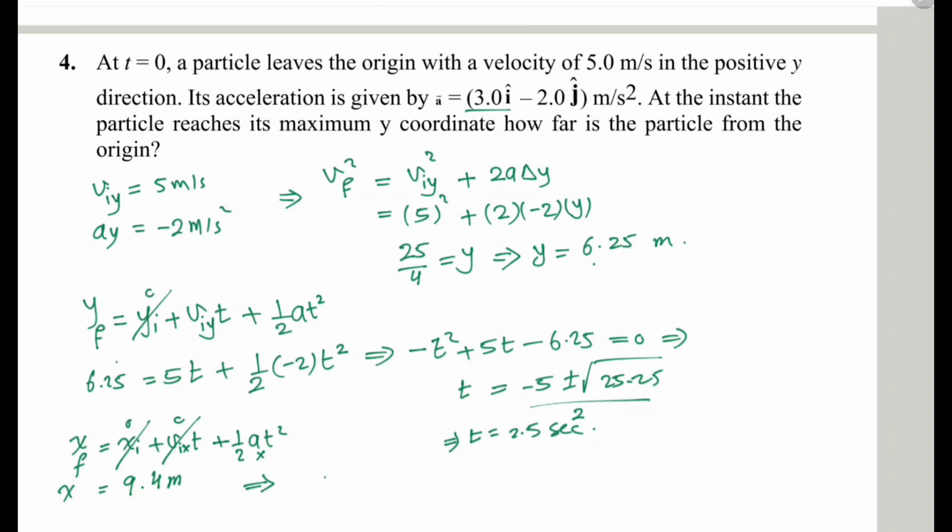Now the final position r, in this case, is equal to the square root of 9.4 squared plus 6.25 squared. You do the math, you will find the final position r is 11.28 meters.